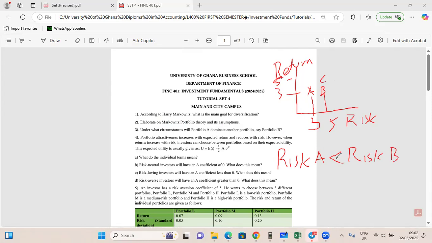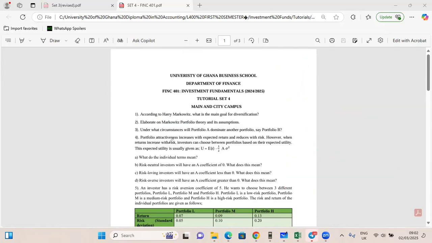And also when the expected return of portfolio A is greater than the expected return of portfolio B. Do you get it? So portfolio A is going to dominate portfolio B when, first, the risk of portfolio A is less than the risk of portfolio B. And second, when the expected return of portfolio A is greater than the expected return of portfolio B. This is simple. I'm sure we are going to remember it in case it comes up in exams.